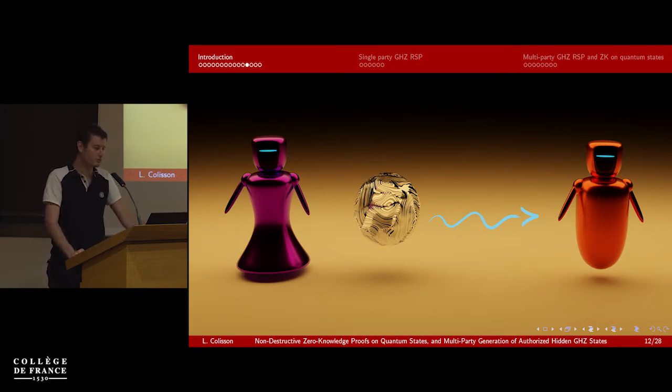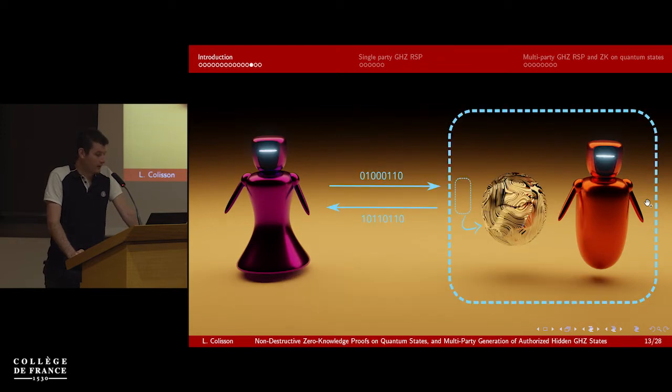So usually if you have two parties, Alice and Bob, and Alice would like to send some qubits to Bob, if you have a quantum channel, it's easy. You can just take the qubit from Alice and send it to Bob. Now, the question becomes harder if you have only classical communication between Alice and Bob.